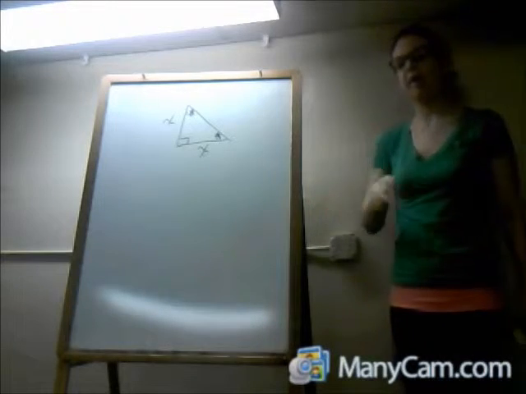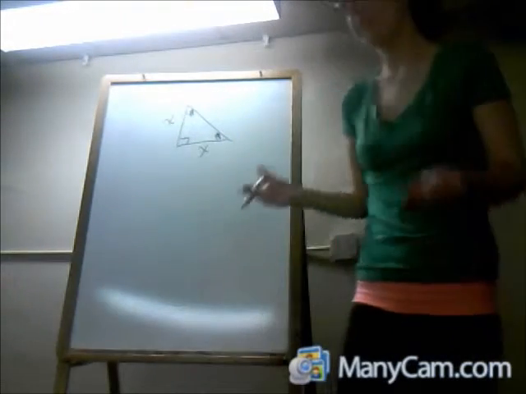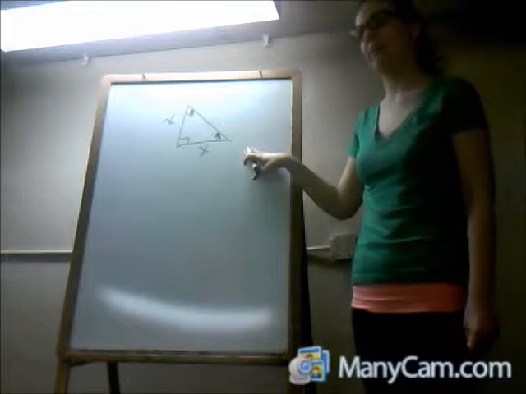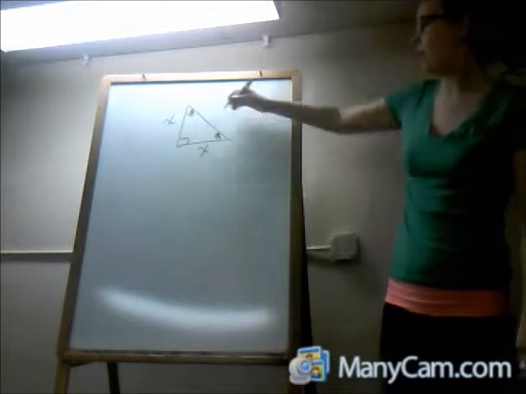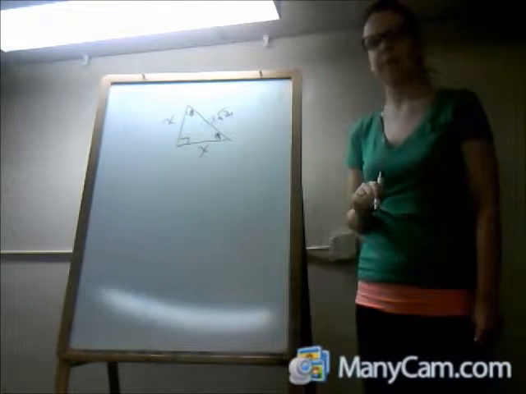So if you look back to where the math section starts, you have that table of all the different formulas, and they give you the formulas for a 45, 45, 90 degree triangle. So the hypotenuse is going to be x root 2, according to the formulas.